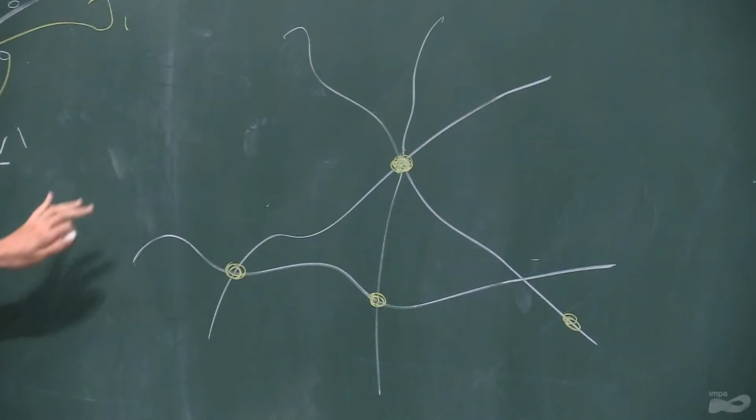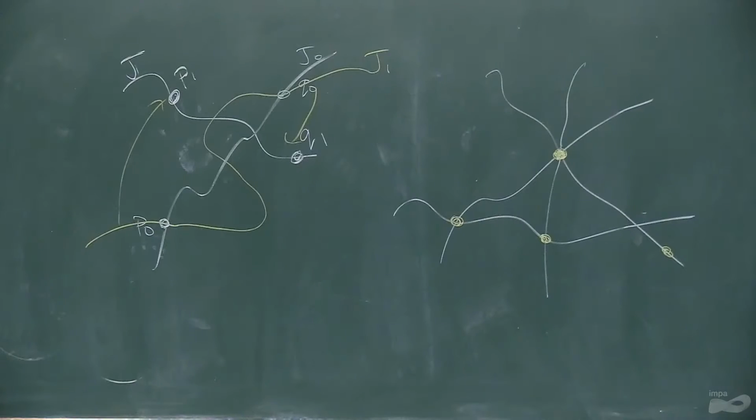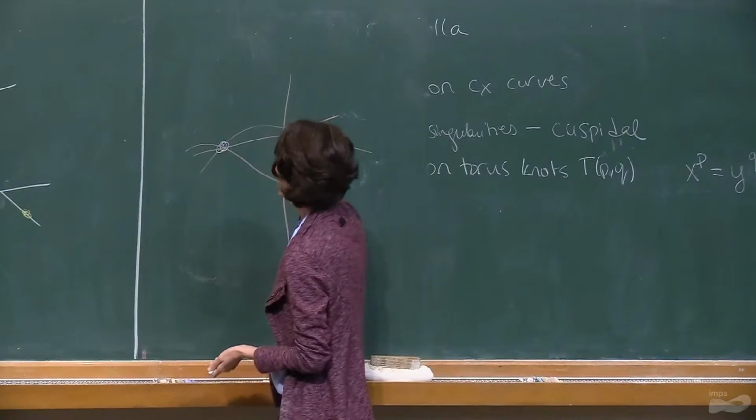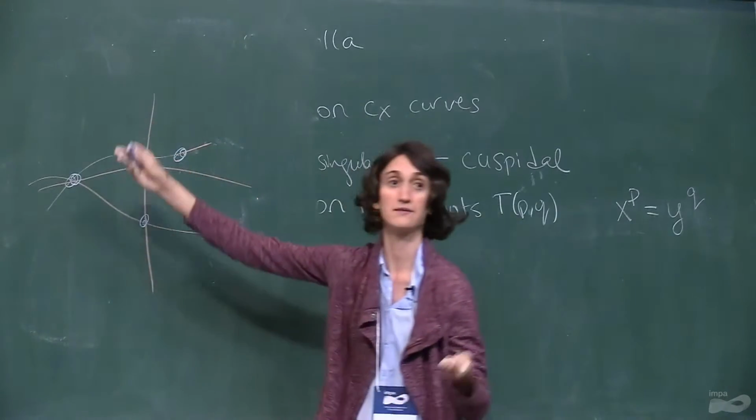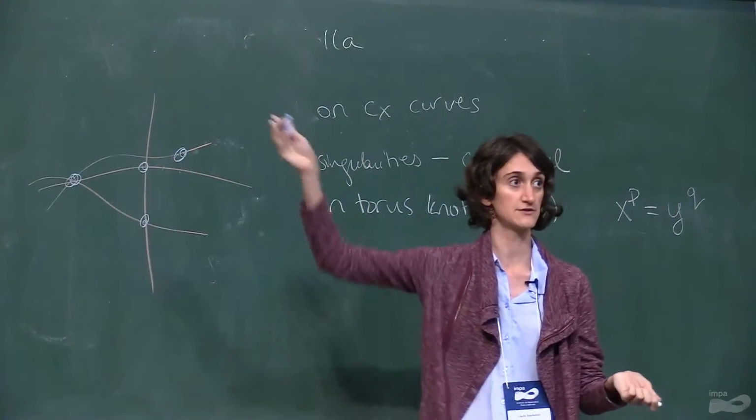And if I have 2 collections of these sorts of curves, maybe I have one like this in one picture of CP2, and then another like this, then I can carry this one to this one by moving the J's and moving the points around.